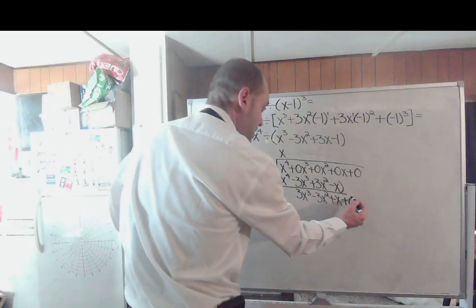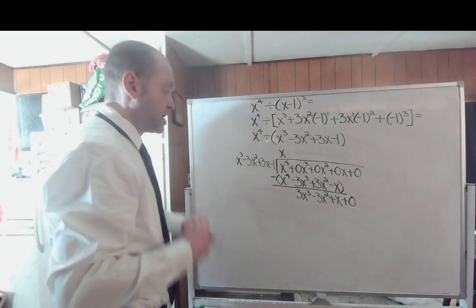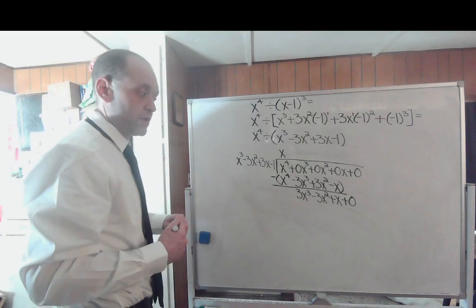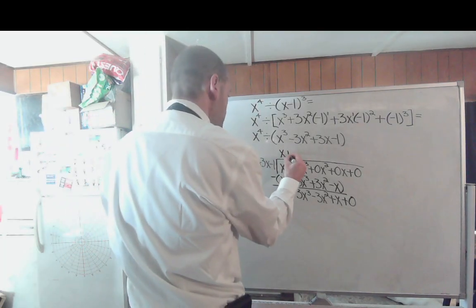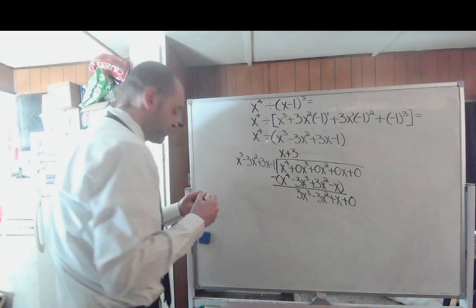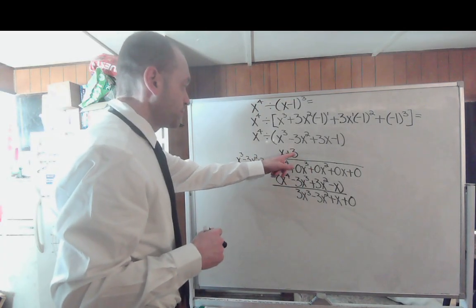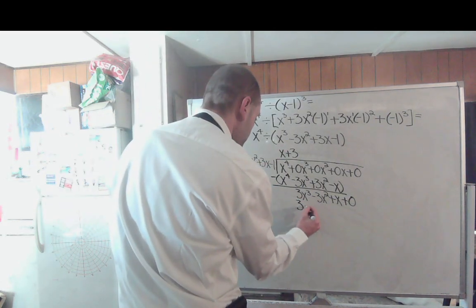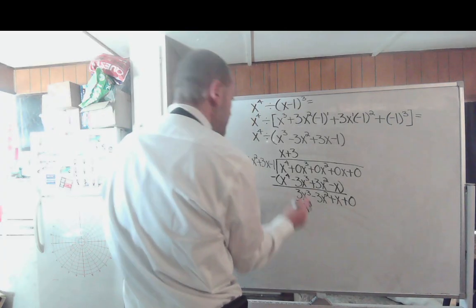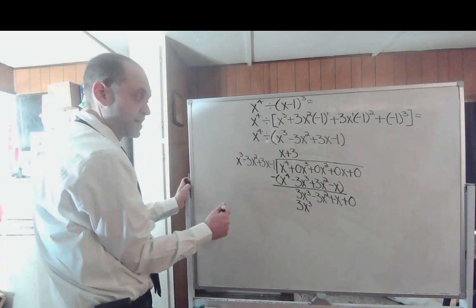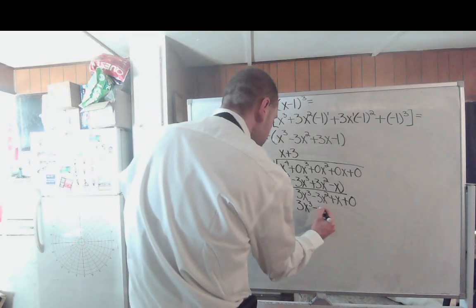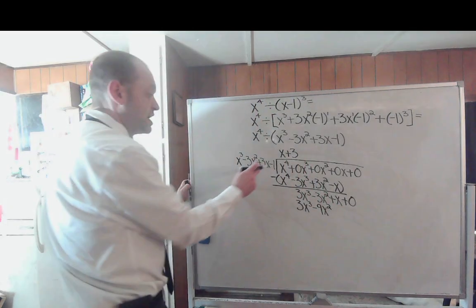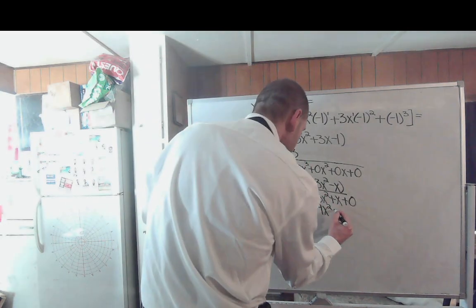All right, so now how many times does x to the third go into 3x to the third? It just goes in 3 times, right? So this will be plus 3. Now take 3 times x to the third, which gives 3x to the third. Then take 3 times negative 3x squared, so that's minus 9x squared. Then take 3 times 3x, so that's plus 9x.